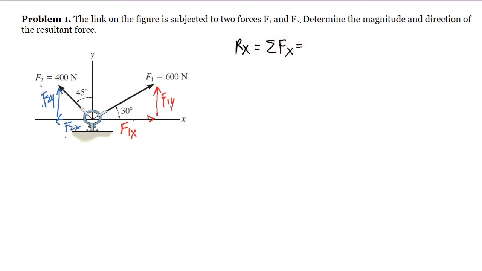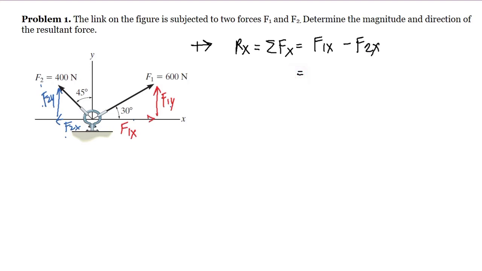As you can see here, our F1x is directed to the right, so our assumption is all forces directed to the right are positive and all forces directed to the left are negative. F1x is directed to the right, so this is positive. The component of force 2 along the x direction, F2x, is directed to the left, so this is negative F2x.